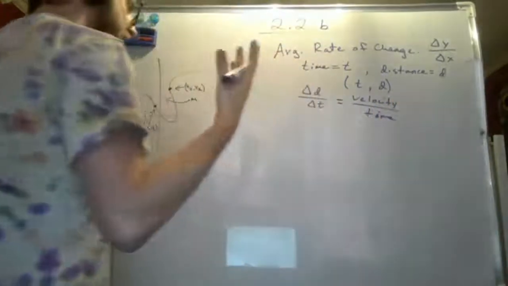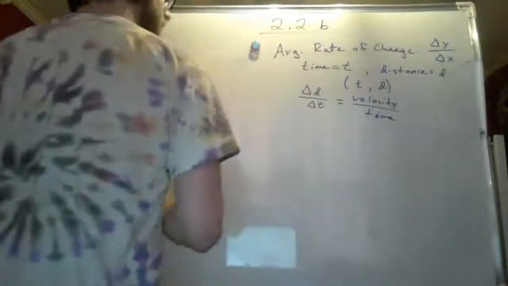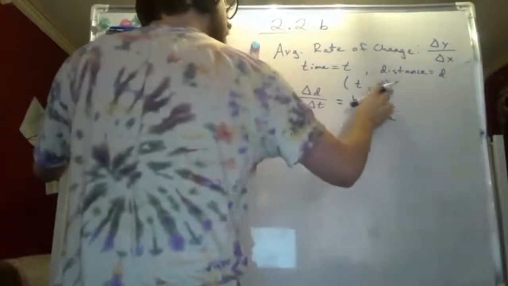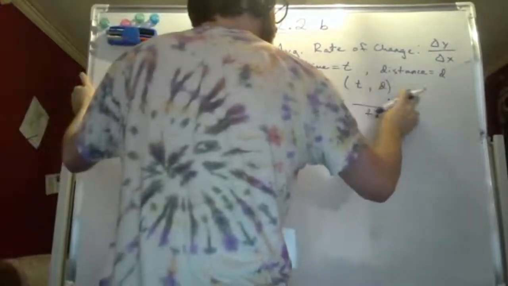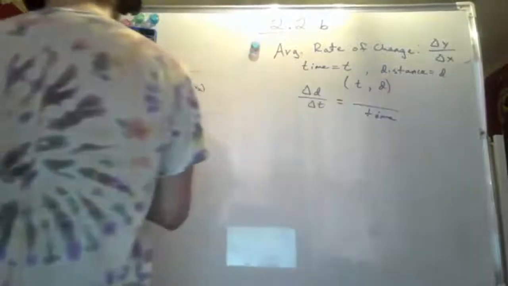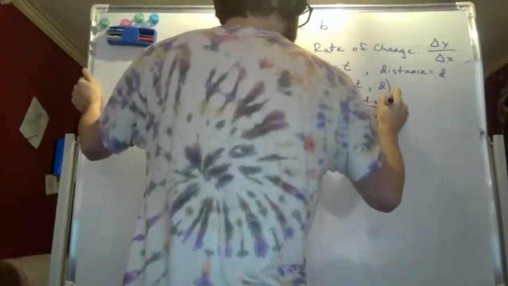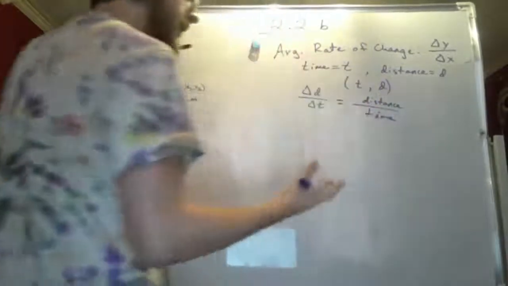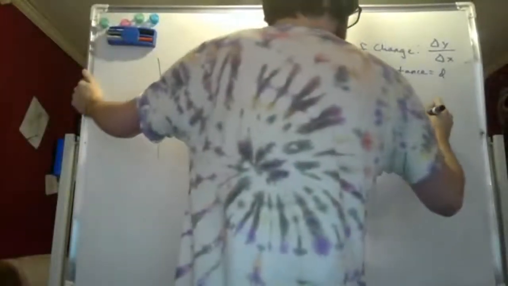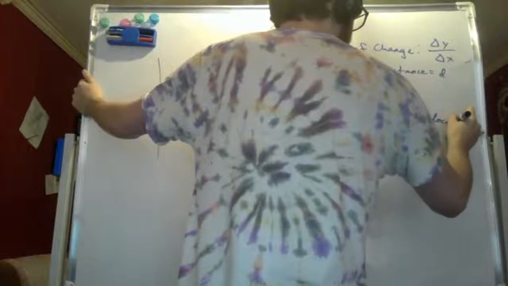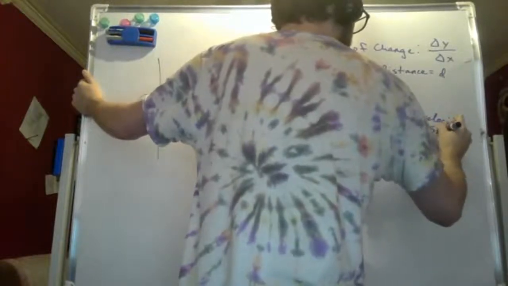But what is, well, I misspoke here. Change in d is just our change in distance, so it's distance covered. And what is a distance divided by time? Well, that is actually our velocity. This is our speed.